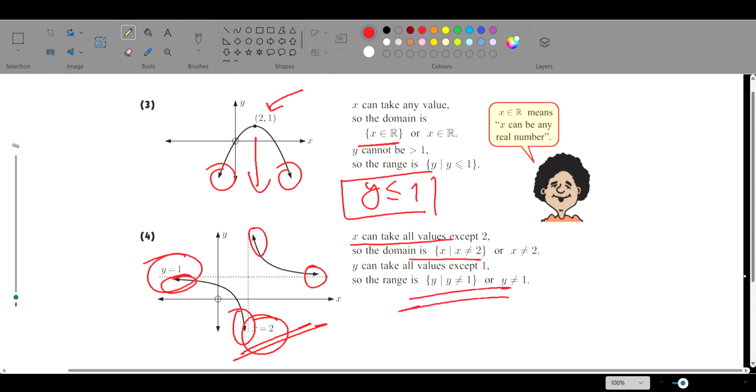So the range is all values of y except y equal to 1. Are you getting this?